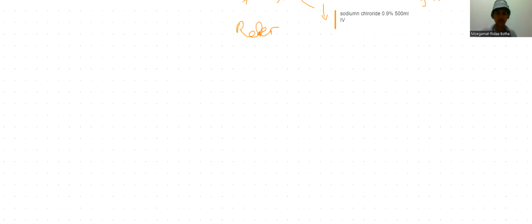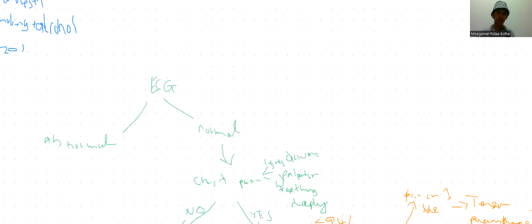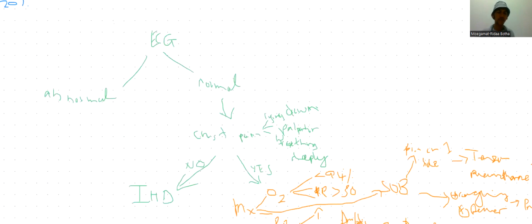Okay, so we spoke about ECG. That's normal or abnormal. If the ECG is abnormal, you can have maybe an ST elevation, ST depression, maybe left bundle branch block.